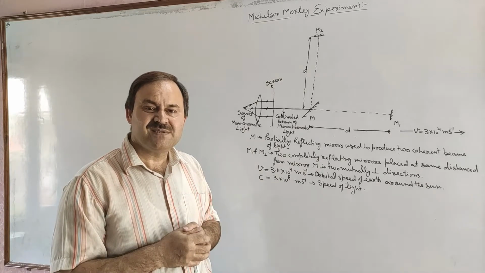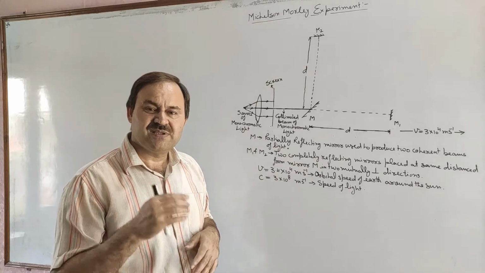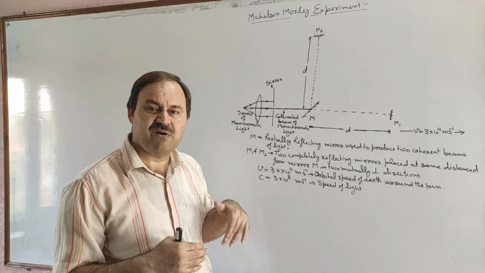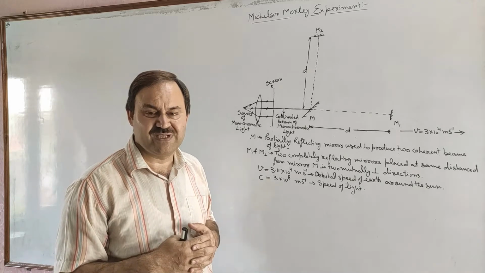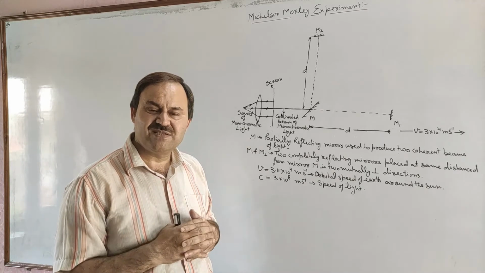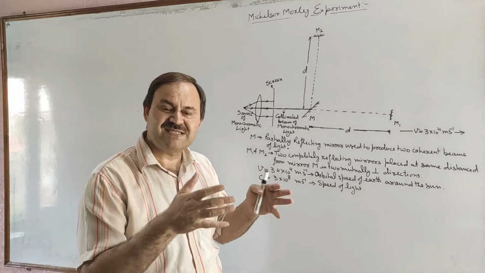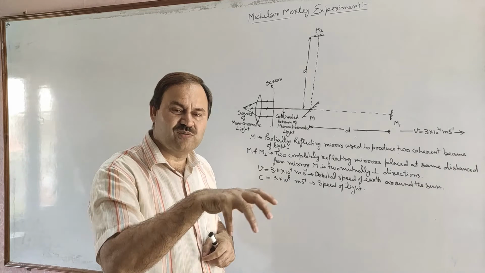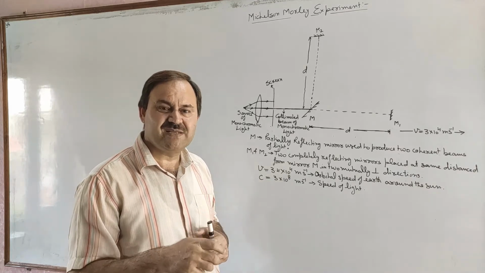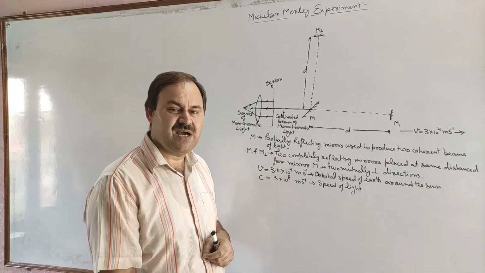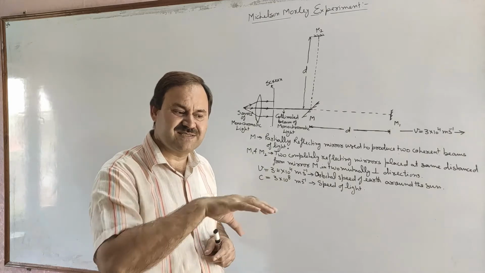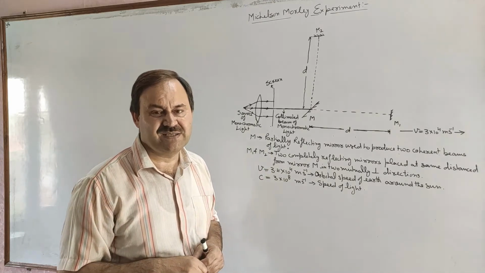For that, they used the interferometer called Michelson's interferometer. This Michelson's interferometer was placed over a stone that was kept floating over mercury so that it may be rotated about a vertical axis in any desired direction.